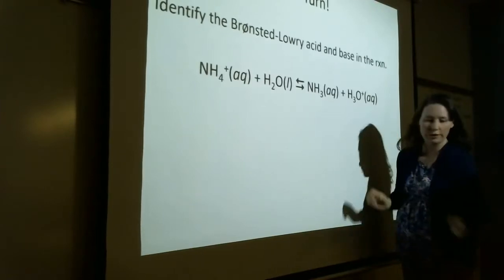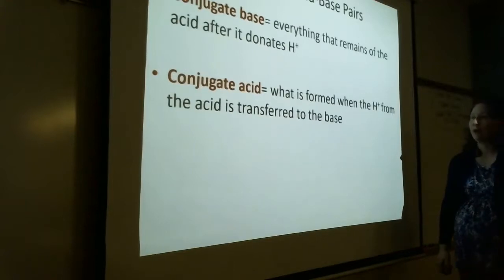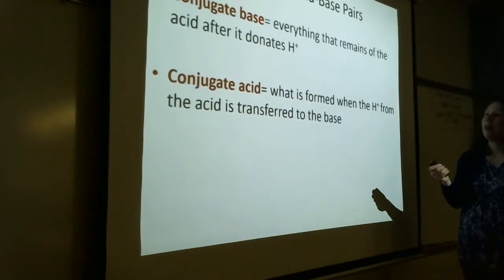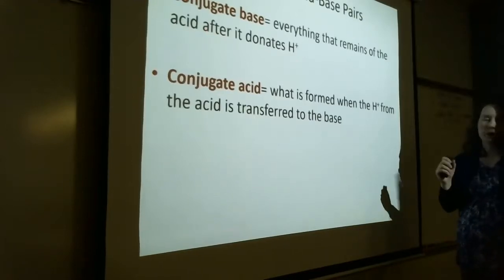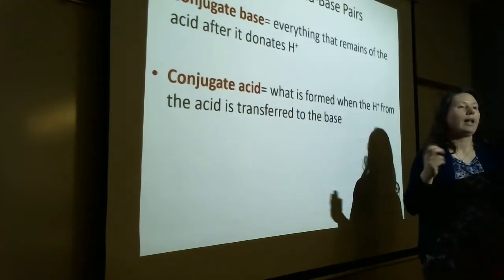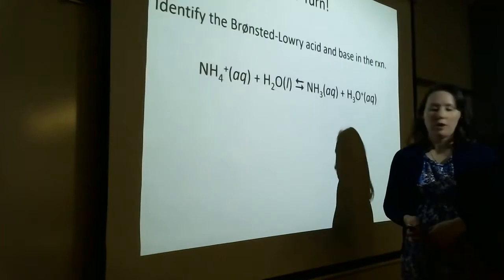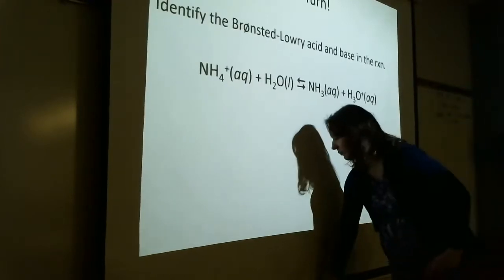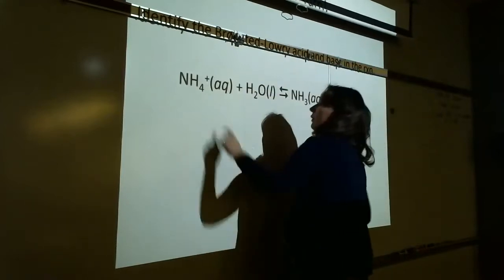Okay? So the definitions are wordier than they really are in practicality, right? Base is everything that's left over of the acid. So in other words, if you're an acid on one side, you're a conjugate base on the other, right? And if you're a base on one side, you're a conjugate acid on the other. So if we're doing this problem, which we just identified, right?